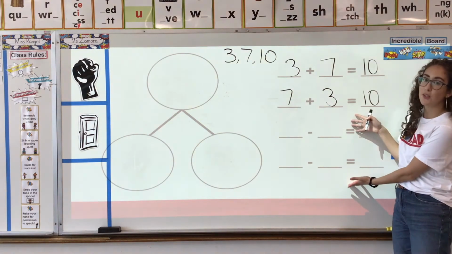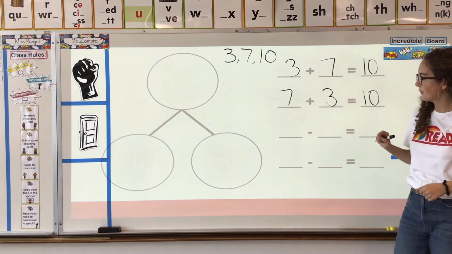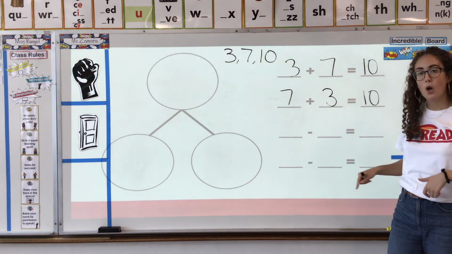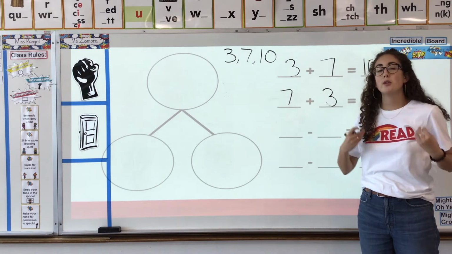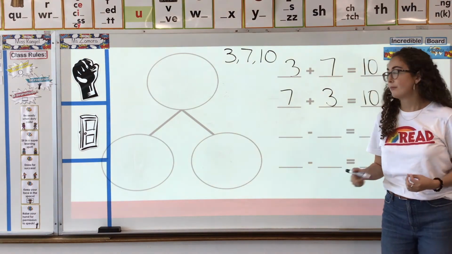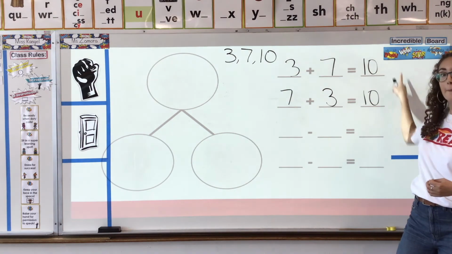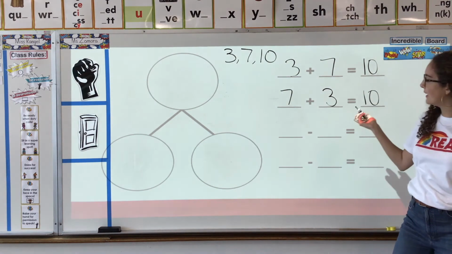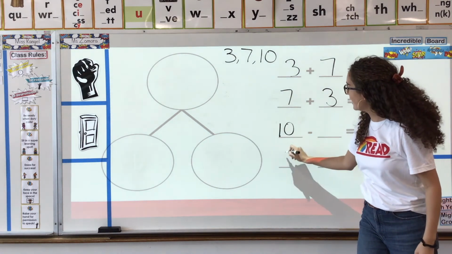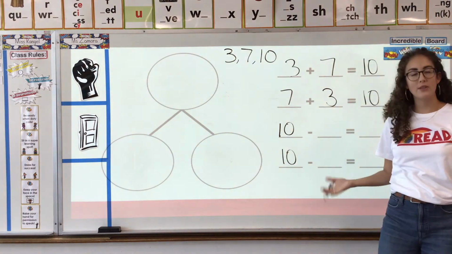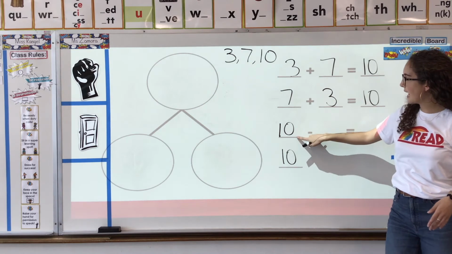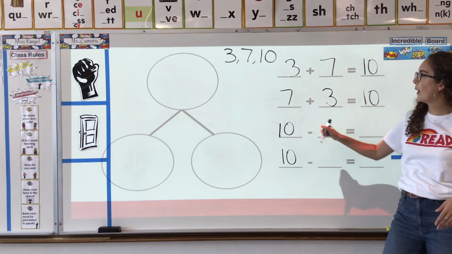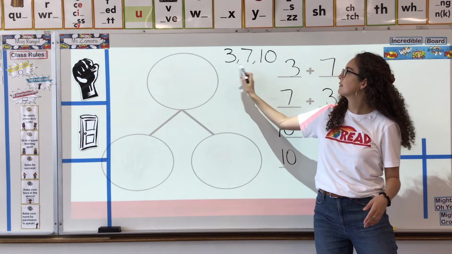So now let's look at subtraction. When we're doing subtraction, we always have to start with the bigger number because that's what we're going to take away from. So what was the bigger number? 10. So we have to start our subtraction sentences with 10. So now, we're with 10 and we are going to take away one of the parts.